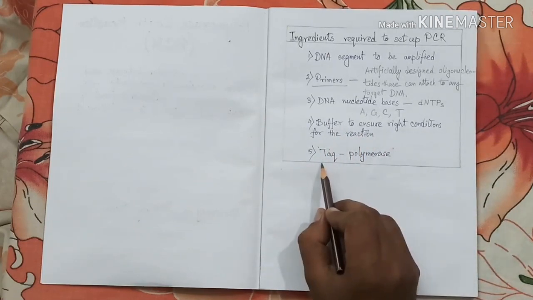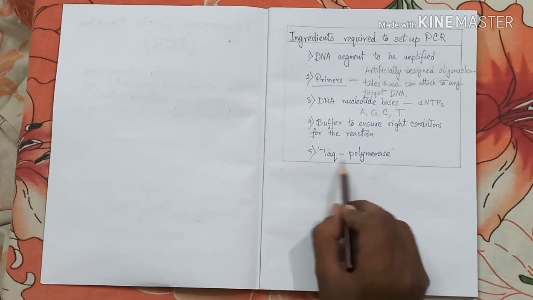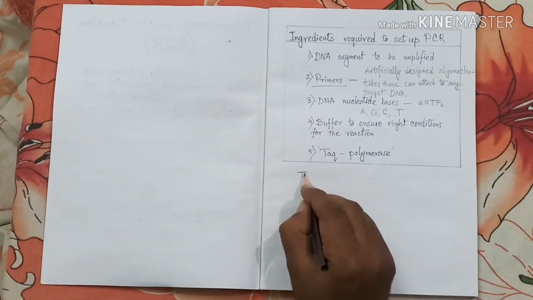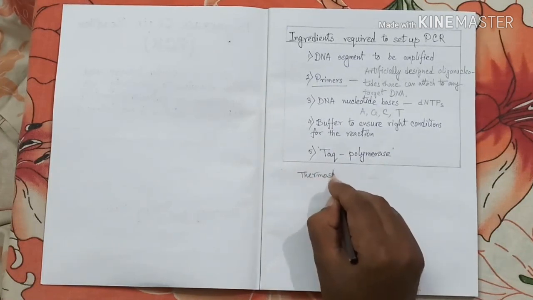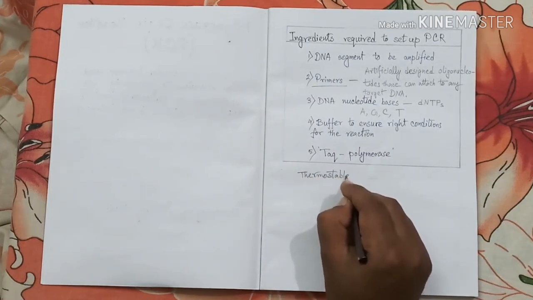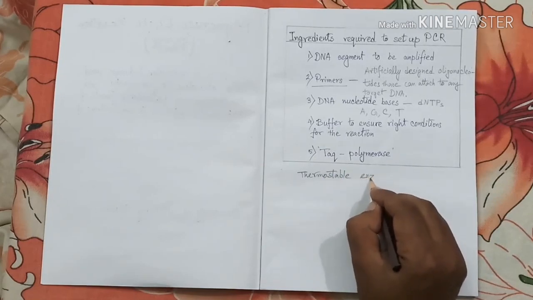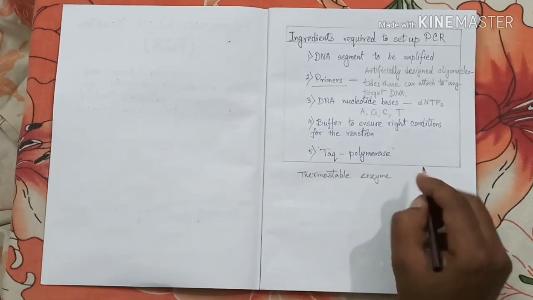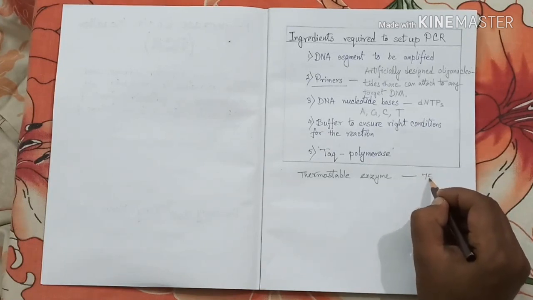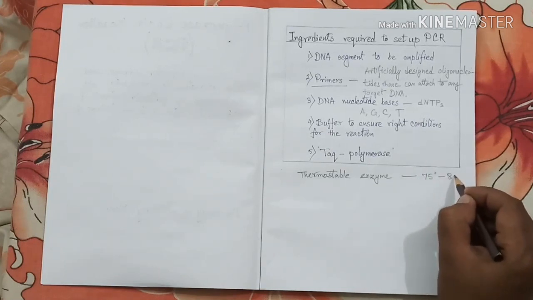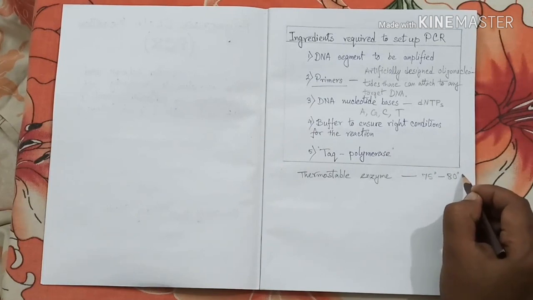And last but not the least, we have to take a special polymerase known as Taq polymerase. It is a thermostable enzyme. It can polymerize the DNA at temperatures of about 70 to 80 degrees Celsius.